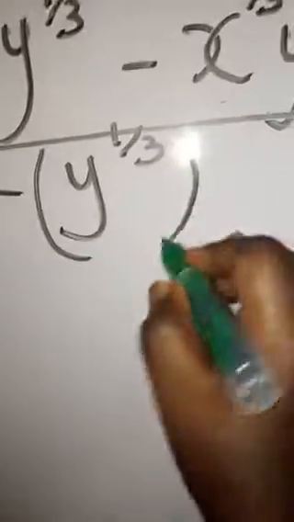So let us proceed. So we stop at x raised to power 1 over 3, raised to power 4 plus xy raised to power 1 over 3 minus x raised to power 1 over 3 y minus y raised to power 1 over 3 raised to power 4 all over x raised to power 1 over 3 raised to power 2 minus y raised to power 1 over 3 raised to power 2.